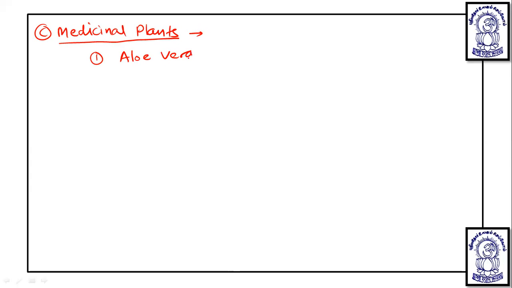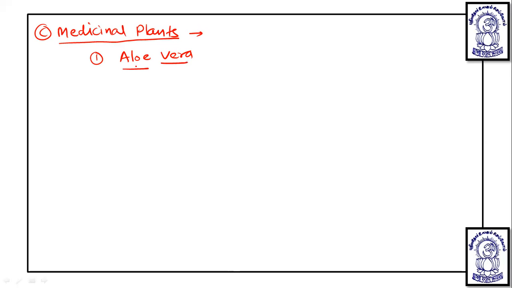These are all some of the ornamental plants. Now, after this, let's discuss some of the medicinal plants of this Liliaceae family. The first example is aloe vera.